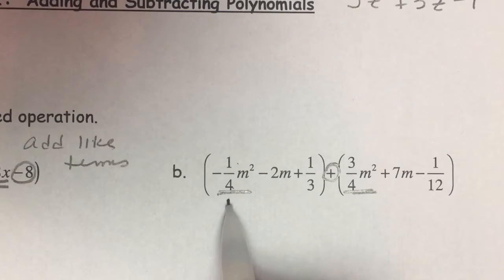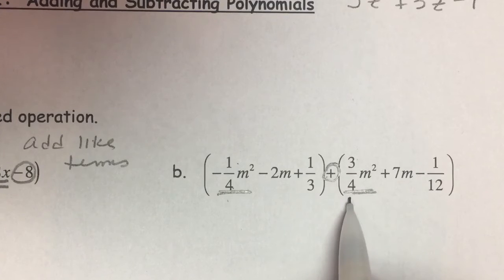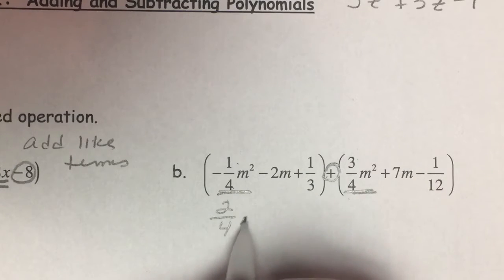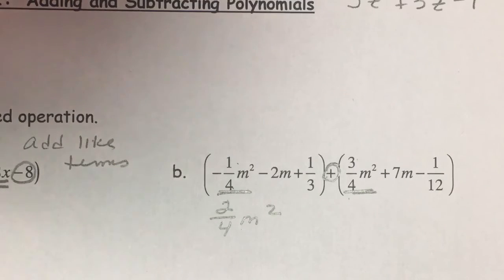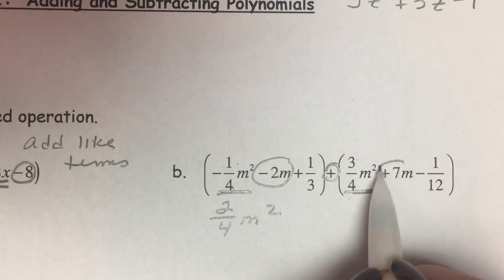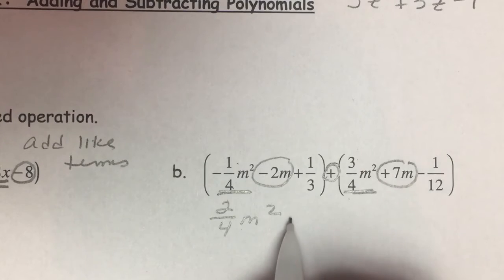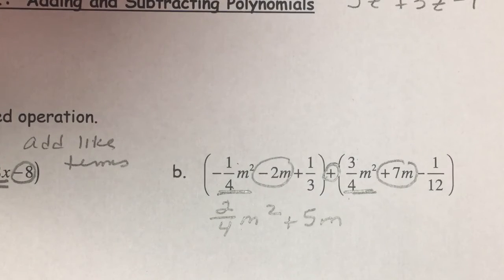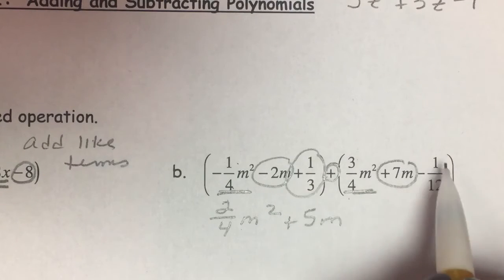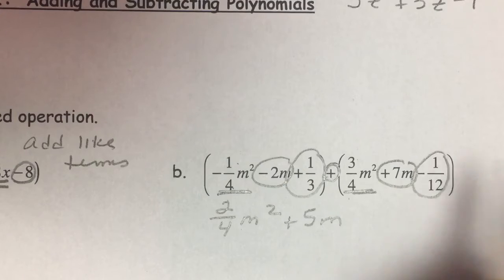So negative 1/4 plus 3/4 is 2/4 m squared, and I know that reduces. We will reduce it when we do our next step. Then I'm going to have negative 2m and a positive 7m. Well, that's going to be plus 5m. And then lastly, I've got a positive 1/3 and a negative 1/12.